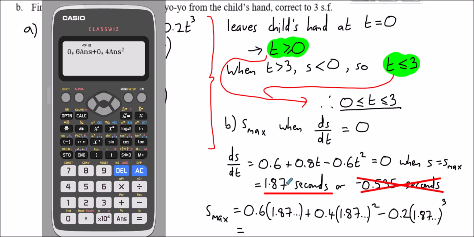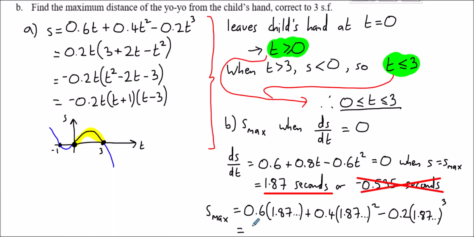We can then round off afterwards to 3 significant figures, but never round off prematurely unless you want to suffer through some rounding error and potentially lose some accuracy marks which needn't be lost in the first place. So anyway, now minus 0.2, answer to the power 3. Press equals, and we get to 3 sig figs 1.21. And the SI unit for distance or displacement is going to be meters.